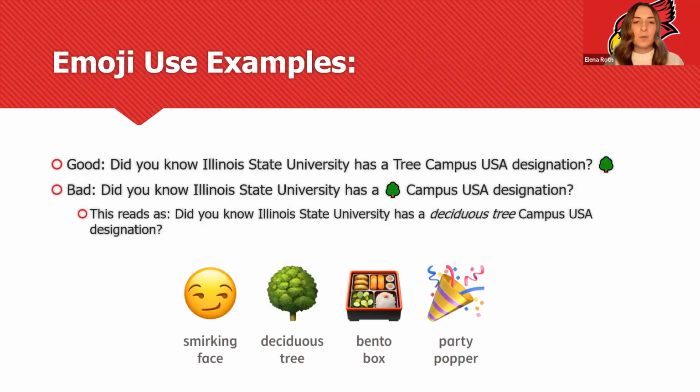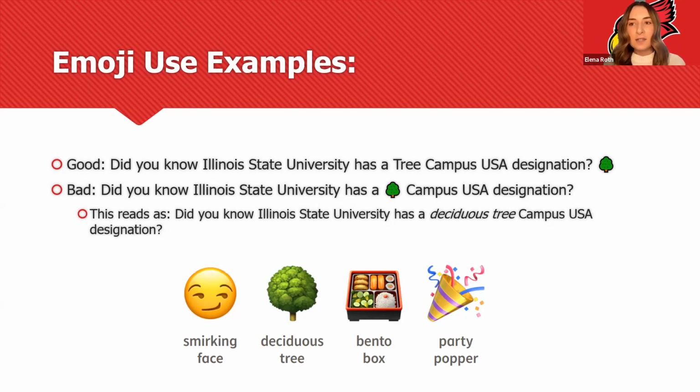Here's a bit more of what I was explaining in that first point about putting emojis in the middle. What I want to say is, did you know that Illinois State has a Tree Campus USA designation? A fun way to spice it up is to put an emoji in the middle of it. A bad way to say it is, did you know Illinois State University has a deciduous tree campus designation?